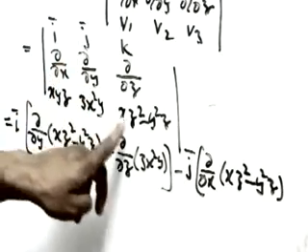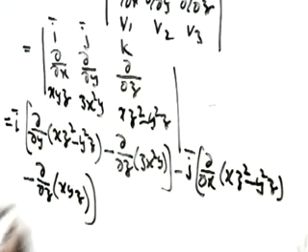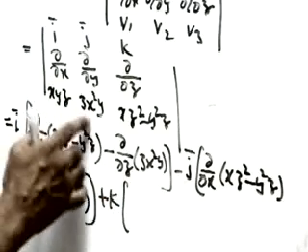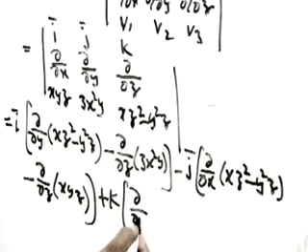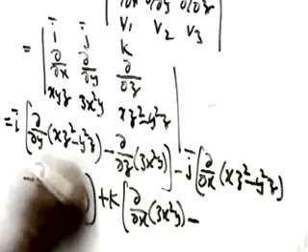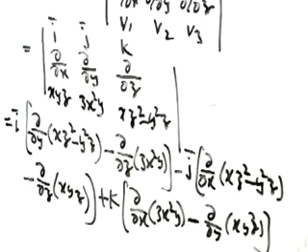Just wait. What we have taken for j is this, finish. Now let me take k. Now if you take k, we have to multiply this to ∂/∂x of 3x square y minus ∂/∂y of xyz. Now let me solve this one.